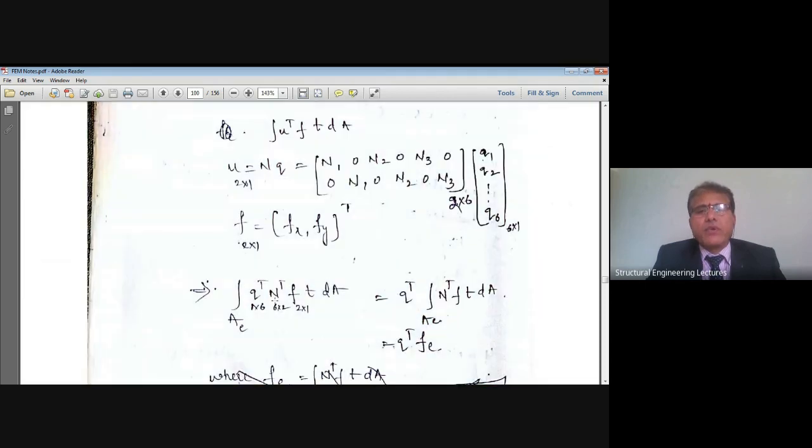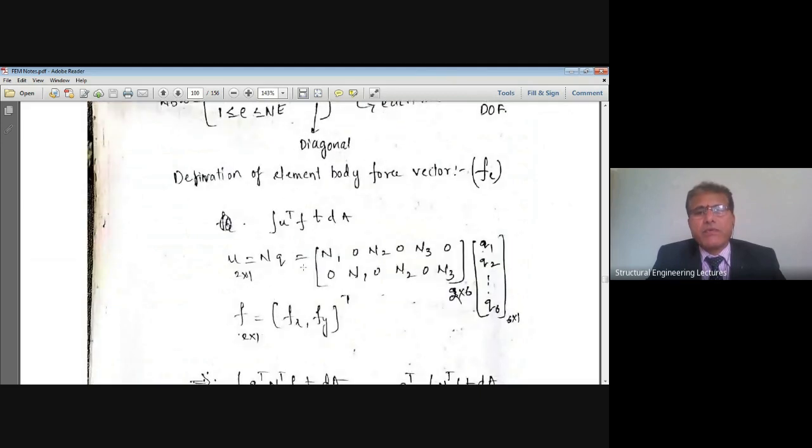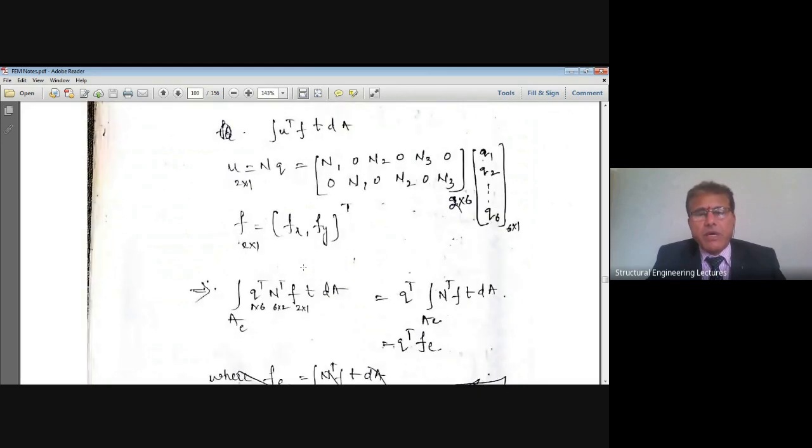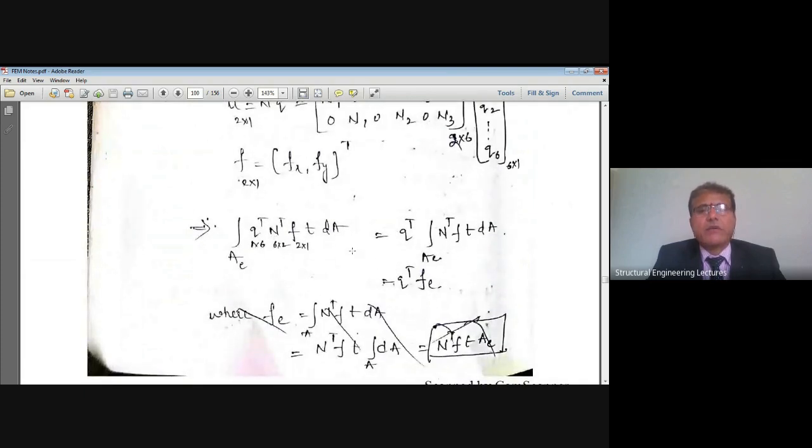Q transpose is a 1 by 6 matrix operated upon N transpose, 6 by 2, which means the matrix multiplication of 1 by 2 operated upon 2 by 1. I'll get a 1 by 1 result. That is the element body force vector.